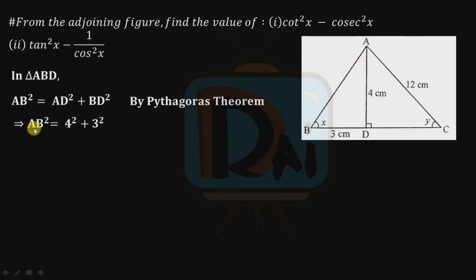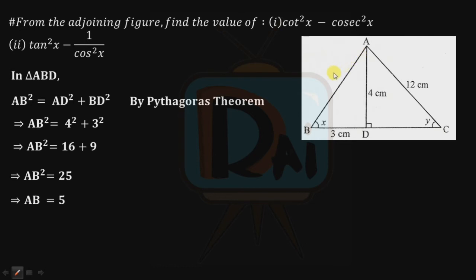So AB square is equal to 4 square because AD is 4, plus 3 square because BD is equal to 3 cm. Now AB square is equal to square of 4 is 16 plus square of 3 is 9. So AB square is equal to 16 plus 9 is 25. Therefore, AB is equal to 5 centimeters.